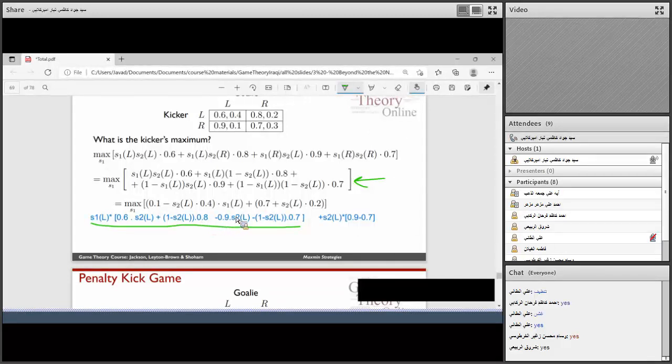And then we got minus 0.9, which gives me minus 1.1. And then there is plus 0.7. So that gives me 0.4 S2 of L. So let me write it down here.